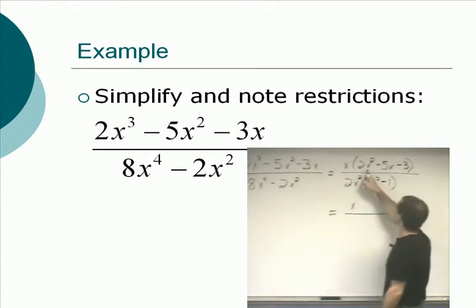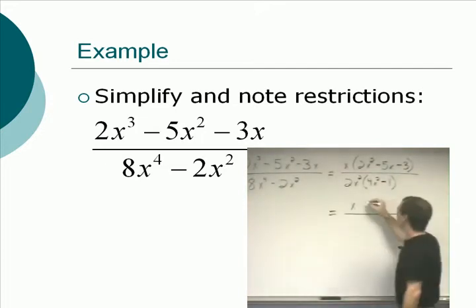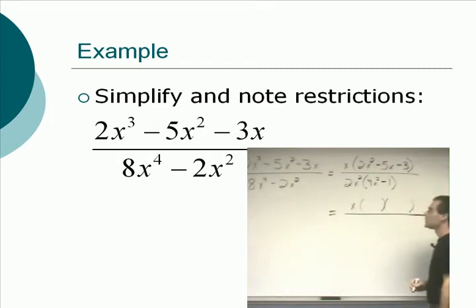So we have x times a trinomial here. We want to check and see how this thing will factor into two binomials. Now here, you could do trial and error, or you can use the factor by grouping method. Take just a minute and factor that.